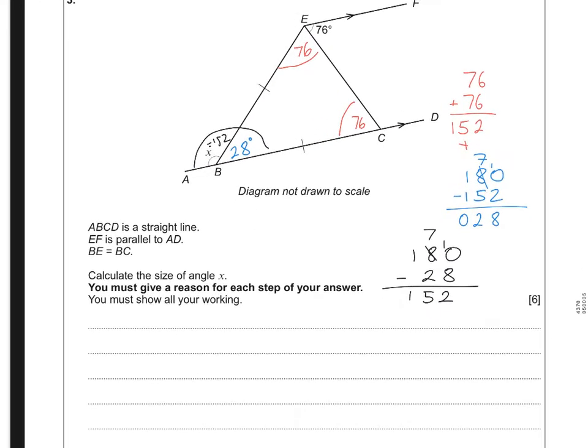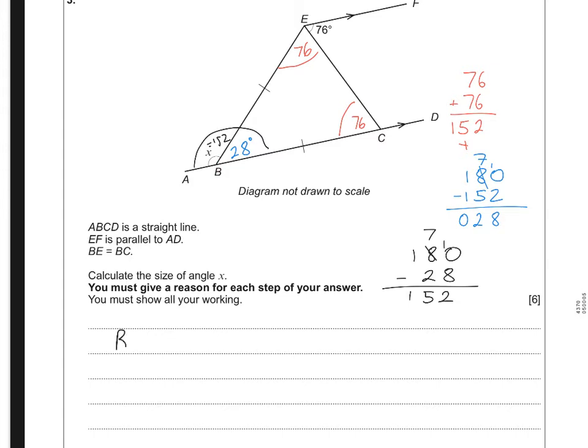Now, the problem with my solution at the moment is I have not done what they've put really clearly in bold. Okay, so everything that I've just said, I need to actually write down. So the first thing I did was I found out this angle here, which if I use the letters, I've gone from letter E to C to then B, or B to C, then E. It doesn't matter as long as the C is in the middle.